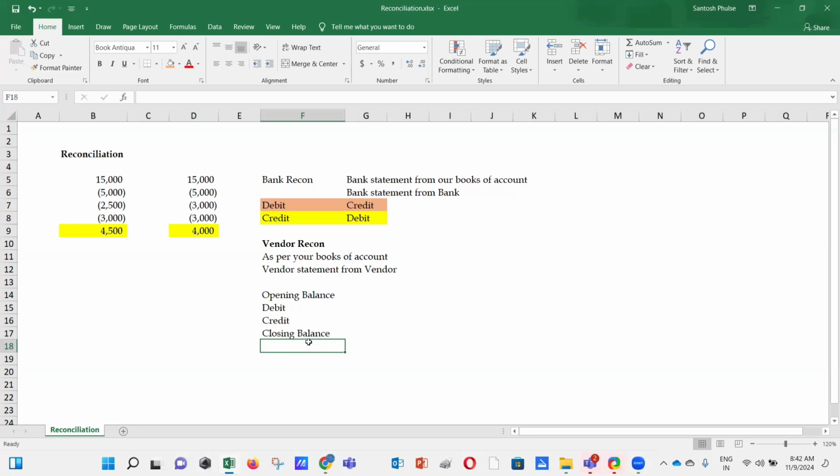So whatever transactions happen between these two, we have to match. As in the reconciliation, the B and D columns that we have plotted with the amounts, the same. If one book is X and the other is Y, and in X book we mention that 15,000 is opening, and 15,000 is opening in Y, that's a match.